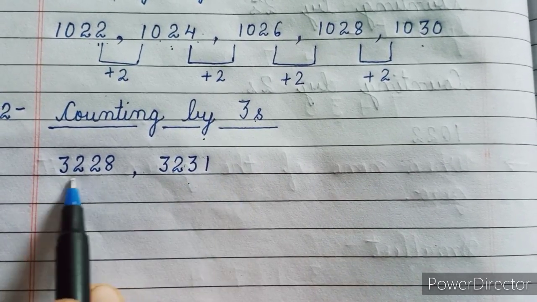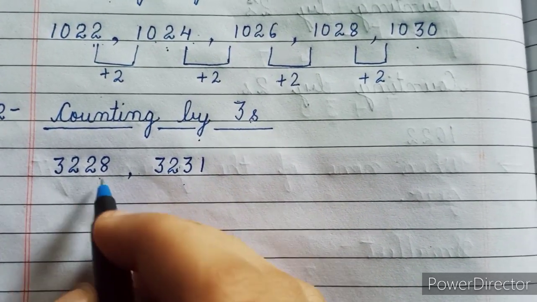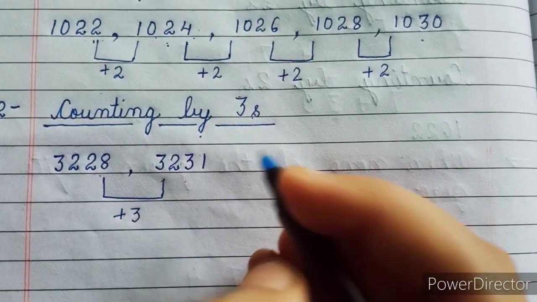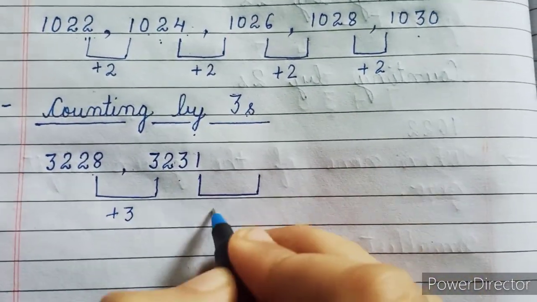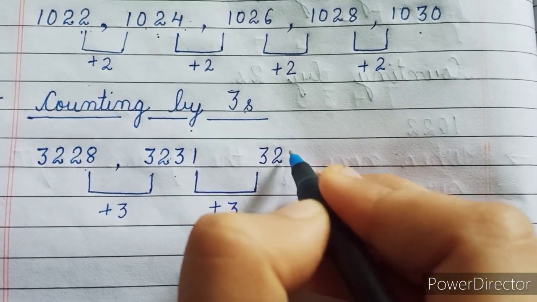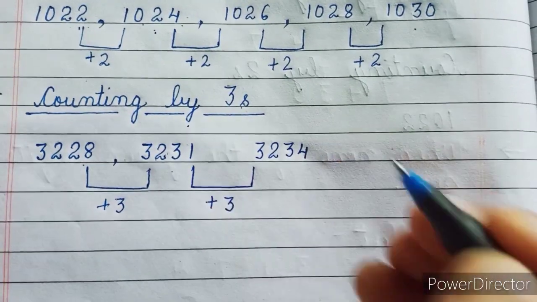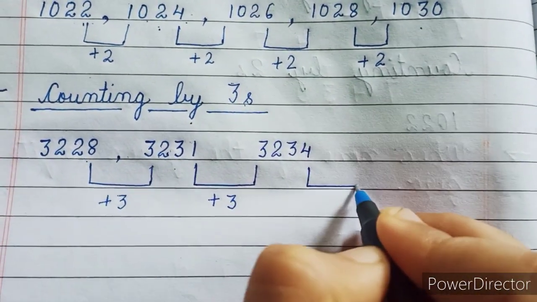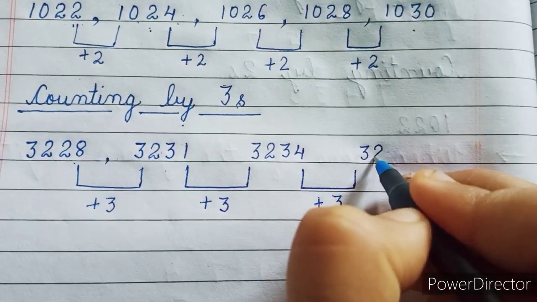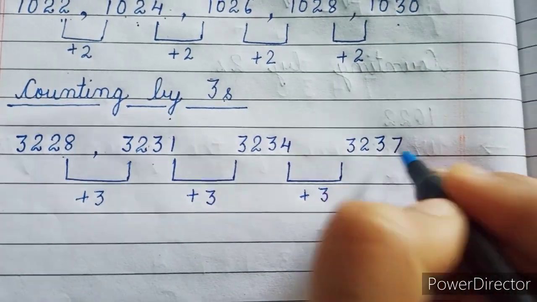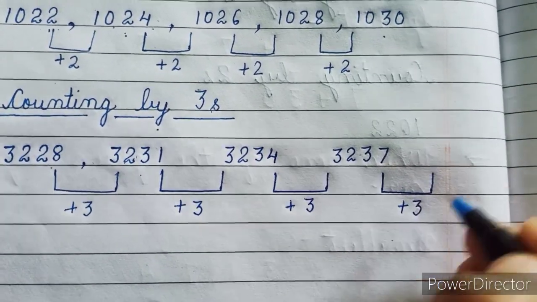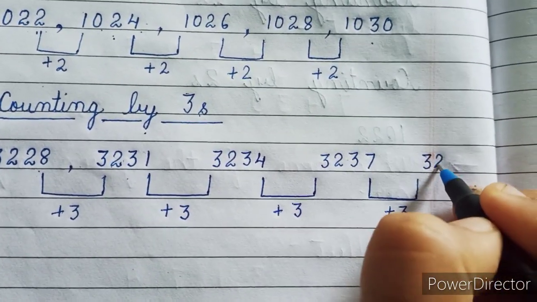So 3228 plus 3 is 3231. Again plus 3 is 3234. Again plus 3 is 3237. Now again plus 3 is 3240. That's clear?